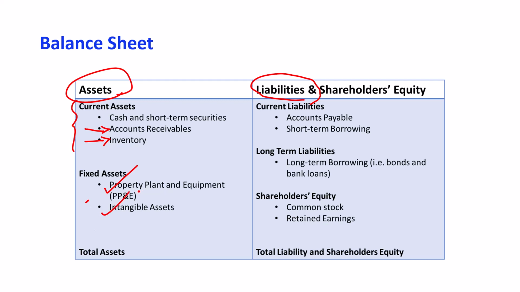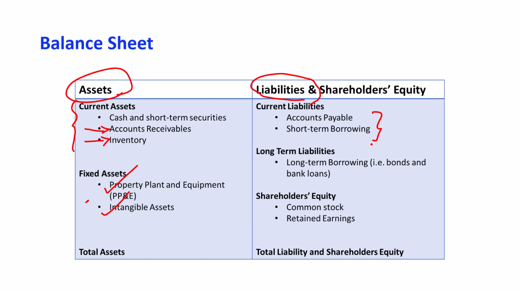The balance sheet's right-hand side represents the firm's liabilities and shareholders' equity. Liabilities are either current or short-term, or long-term. Current liabilities, which are these, have a life of less than a year.